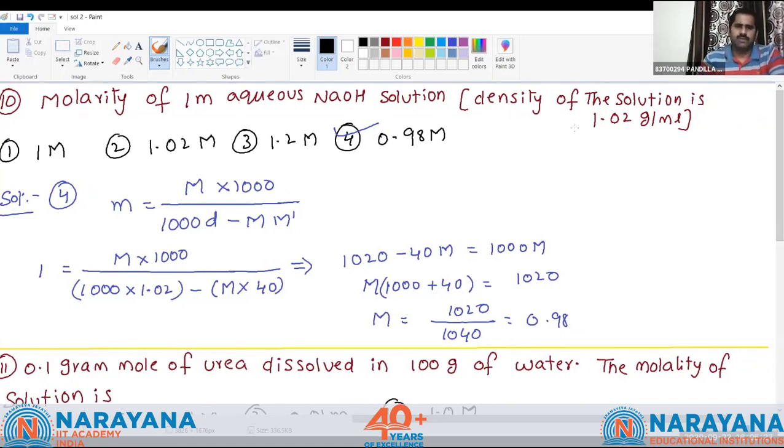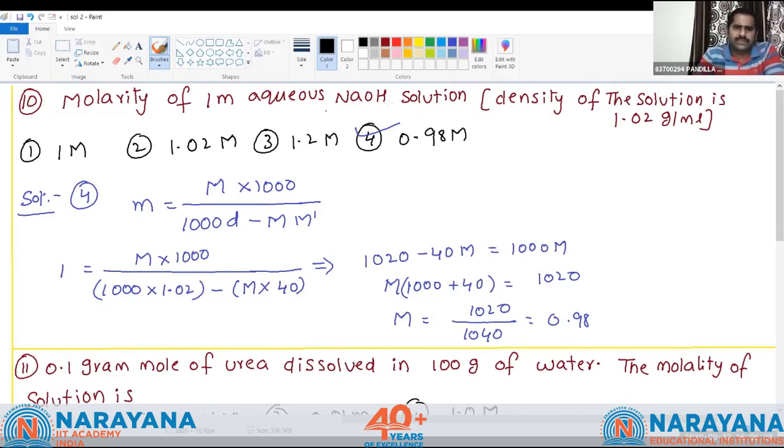Question 10. Molarity of a 1 molal aqueous NaOH solution. Density is 1.02 gram per ml is given. Here I'm using the formula we know: molality is equal to molarity into 1000 divided by 1000 into density minus molarity into gram molecular weight of solute.